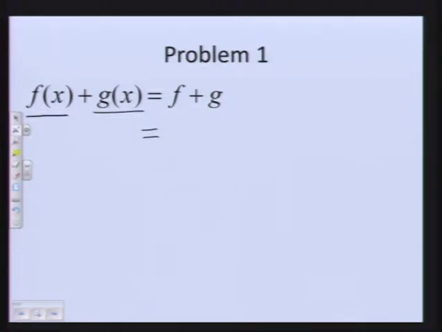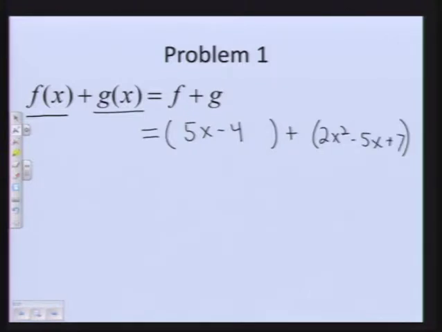Now when I write function operation problems, I tend to put parentheses like a variable where I'm filling in for the variable. We had function f was 5x minus 4, and function g is 2x squared minus 5x plus 7.